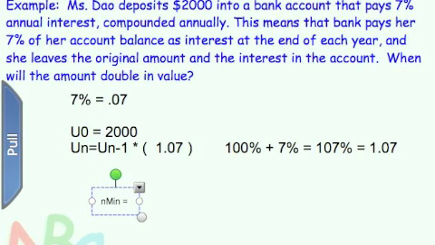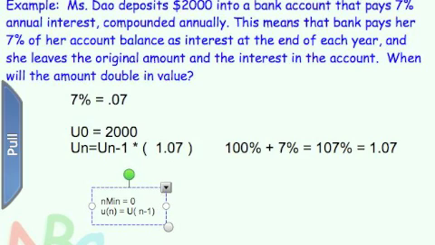It's going to be that little subscript number right next to the u sub 0 or u sub 1. So in our case, it's going to be 0. The second thing that you're going to need to enter is u n, and that's my routine, the u parentheses n minus 1, and I'm going to multiply it by 1.07.